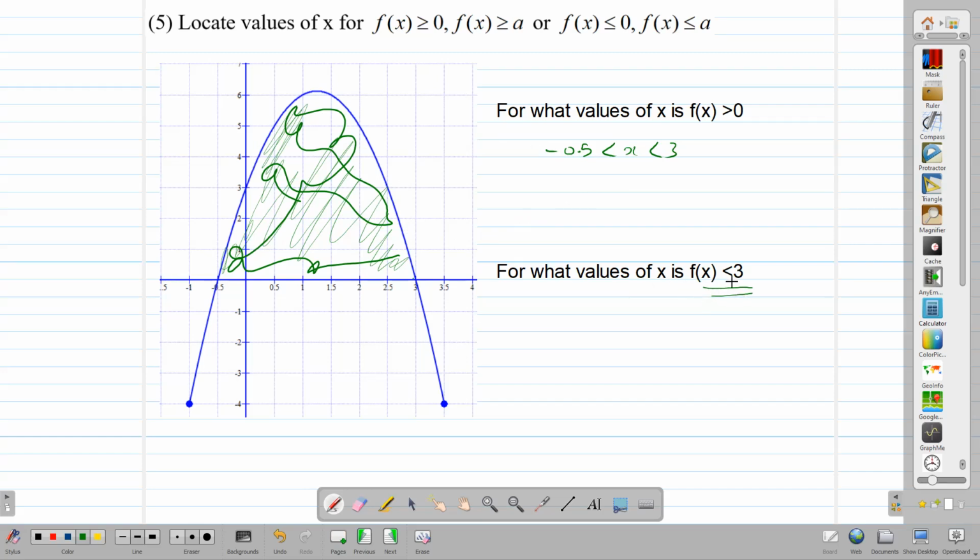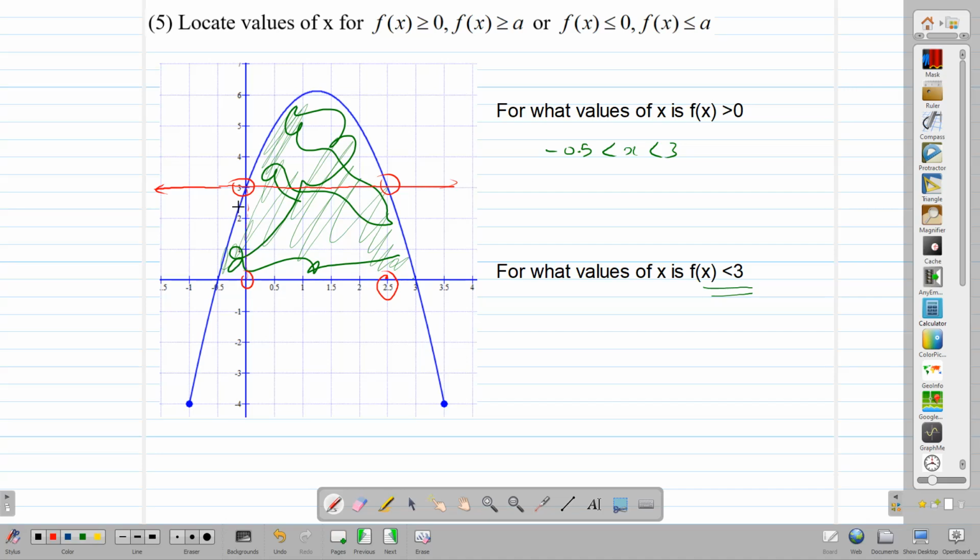For what values of x is the function less than 3? Well, for that we need to draw a line through 3. So let's find 3. 1, 2, 3. If f of x is less than 3, then the values of x that give us those answers are here and here. Now, everything starting here at this point, we have numbers that are less than 3.